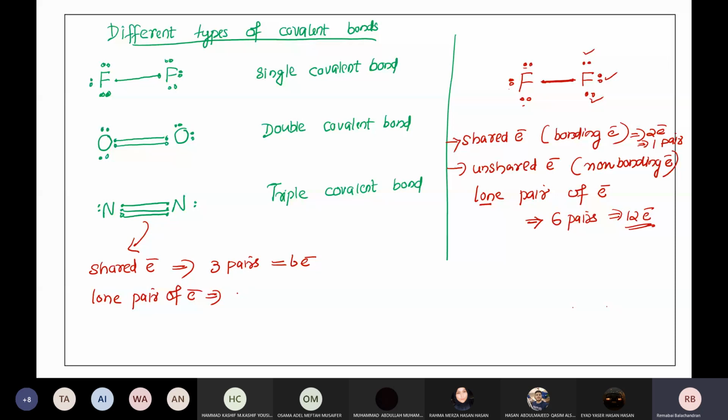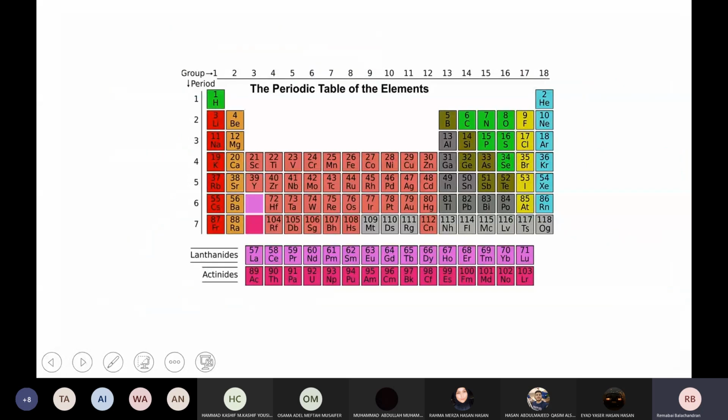In the other case, 2 pairs, which means 4 electrons. So I hope you understood these terms, shared electron and lone pair of electrons. Dear students, is it okay? Yes.